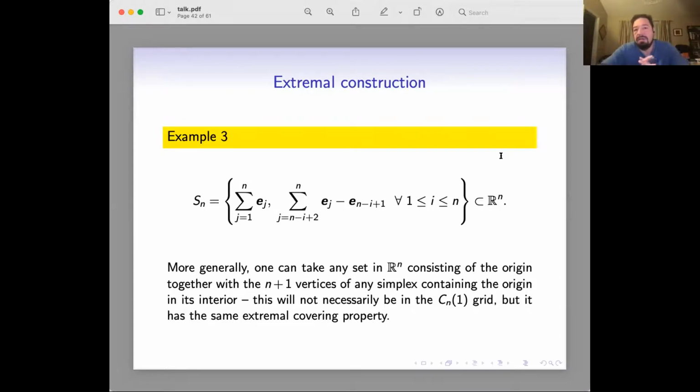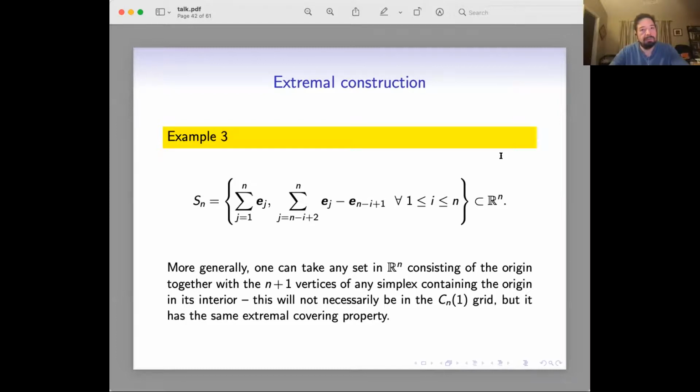Of course, in general, a simplex like this may not necessarily have its vertices on my integer cube, but any set of vertices of this simplex together with the origin will have this extremal property that I need. I cannot cover it with fewer than what?